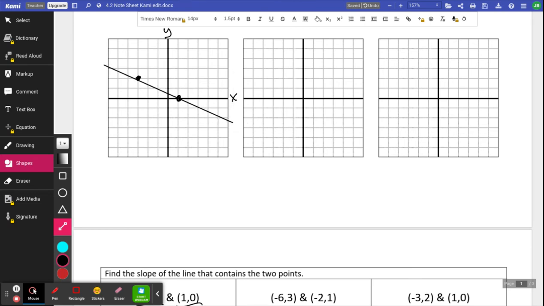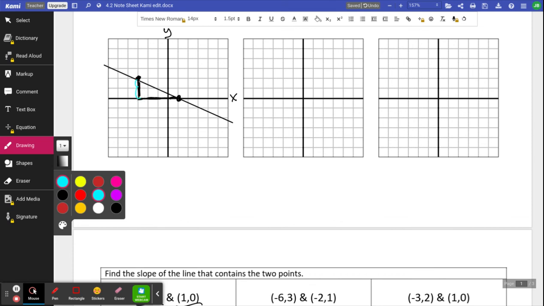Okay, got my line. And now that I have my line, I can find the slope just by counting rise over run. And sometimes I call this the triangle method because I like to actually draw this like triangle in there. And it looks like in this example, I'm going down 1, 2, and over 1, 2, 3, 4.